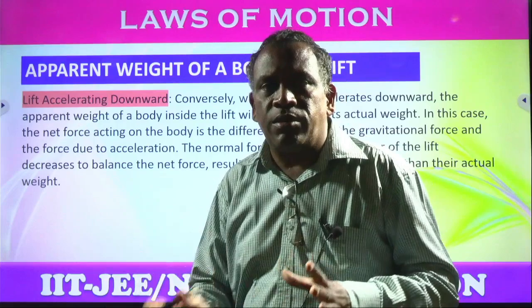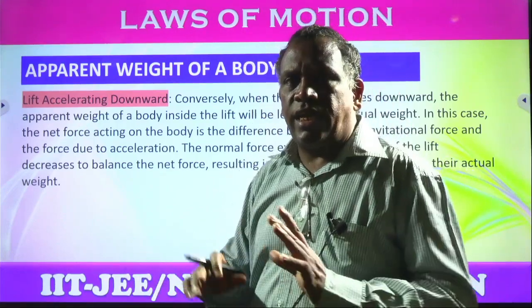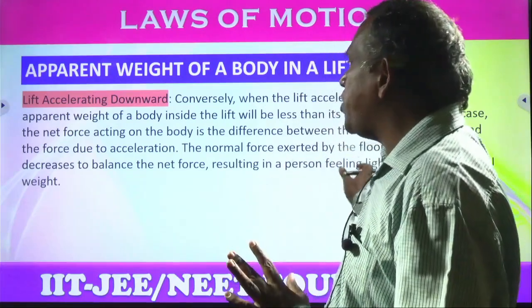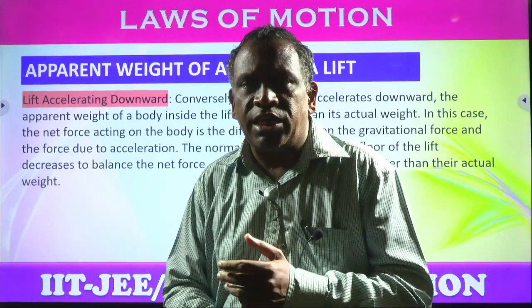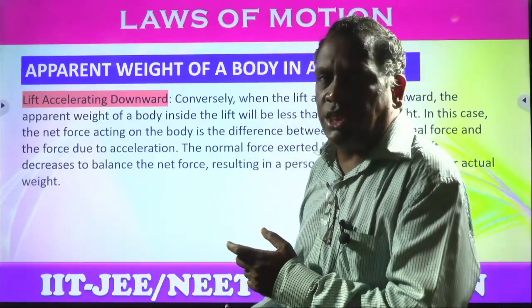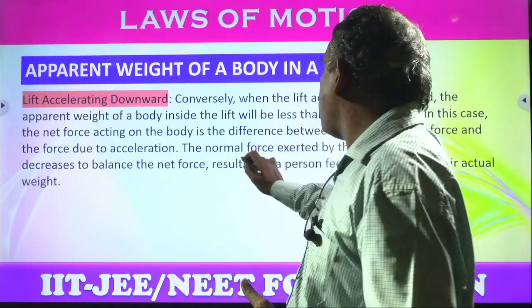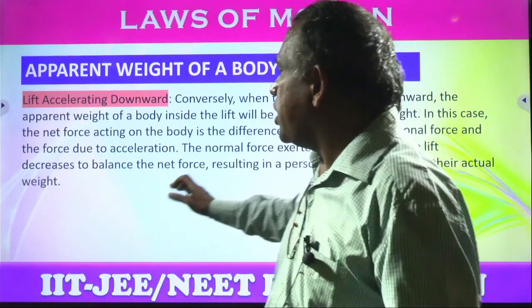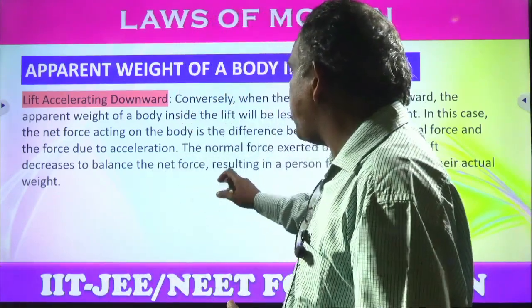It is the difference between the gravitational force and the net force, mass into acceleration, that gives the apparent weight. The normal force exerted by the floor decreases to balance the net force.